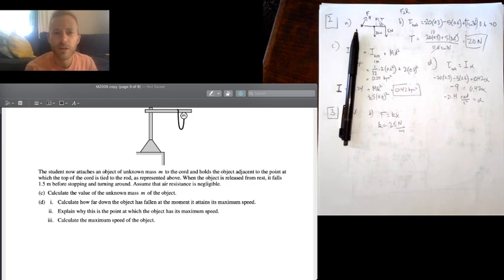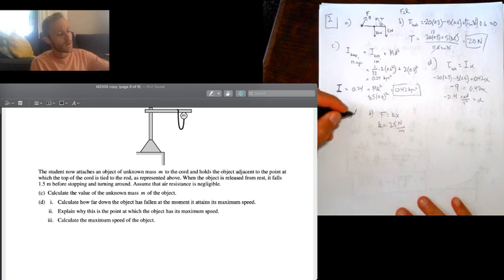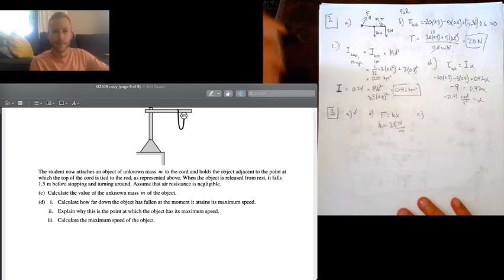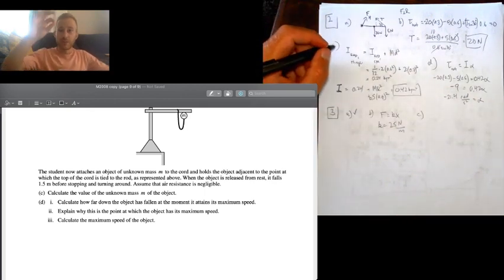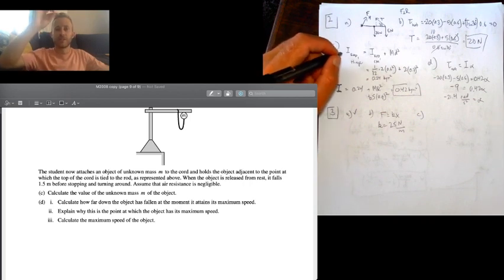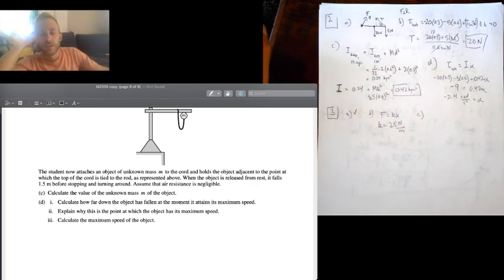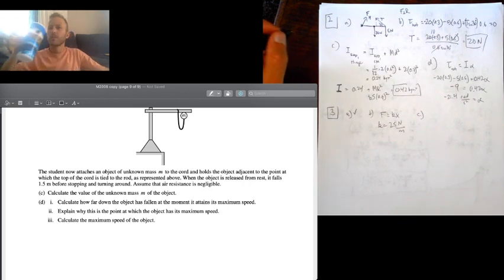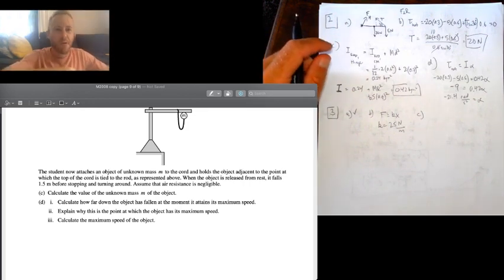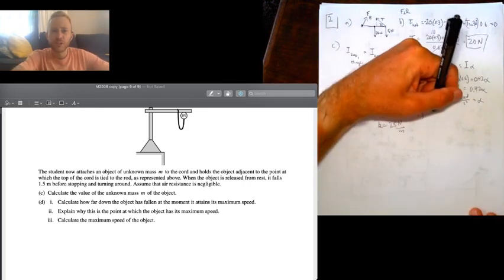Okay, so here's what we're going to do. This mass, once it's dropped, is going to undergo simple harmonic motion. Actually, I'm just going to use energy.